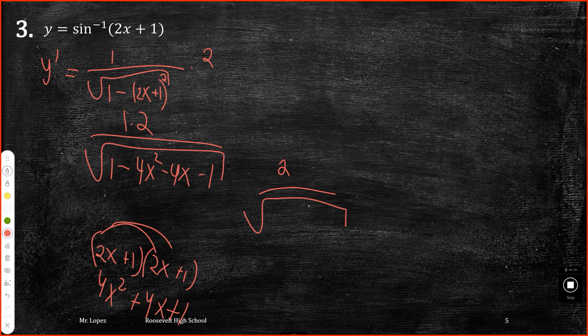You want to cancel out, and you can factor out a 4. Because you're going to have negative 4x squared minus 4x, you could factor out a 4. So you're going to get 2 over square root of 4, and then leave the negative x squared minus x.